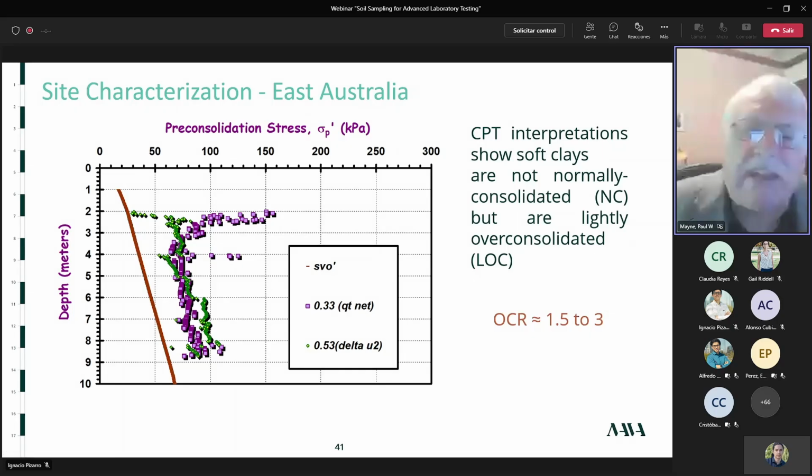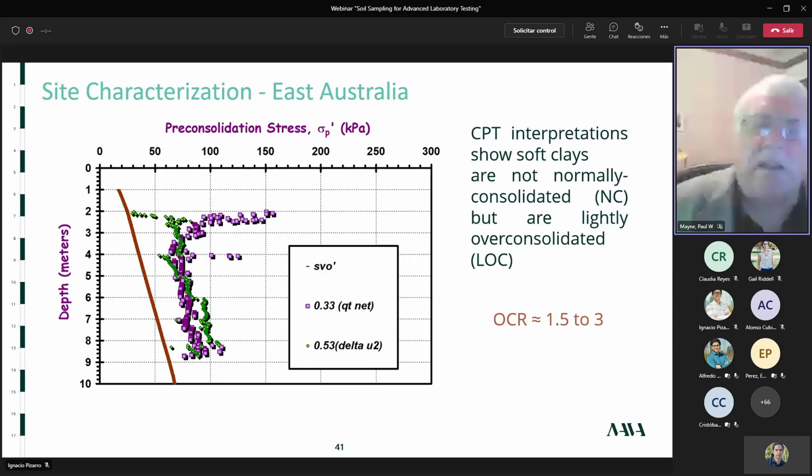It's not normally consolidated, so that helps them in construction, because they're trying to put a 6 meter to 10 meter high embankment on this soft ground, and they want some stability, some leeway before it's forced to become normally consolidated. So the piezo cone's showing something different than what the lab's showing.